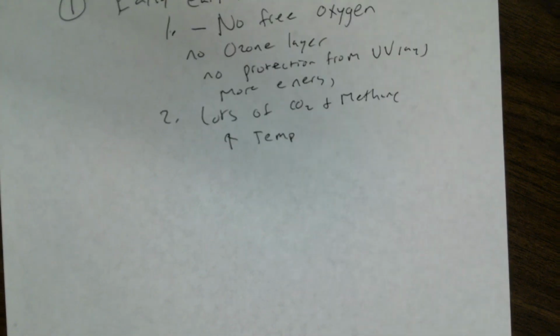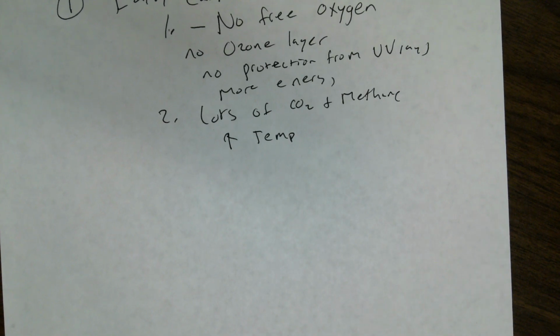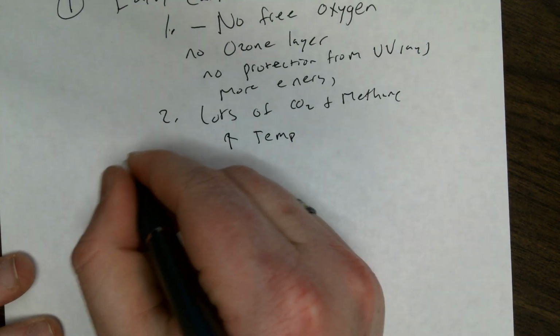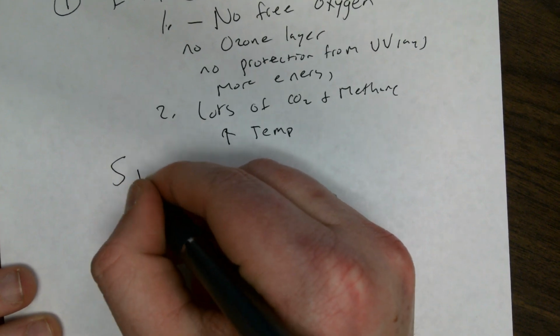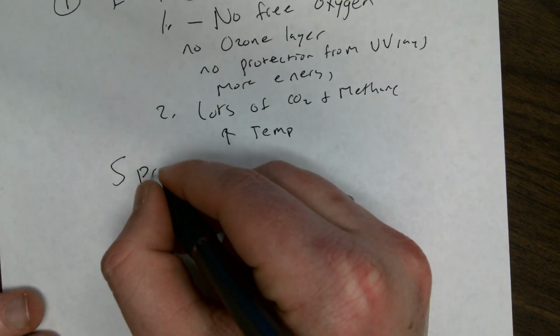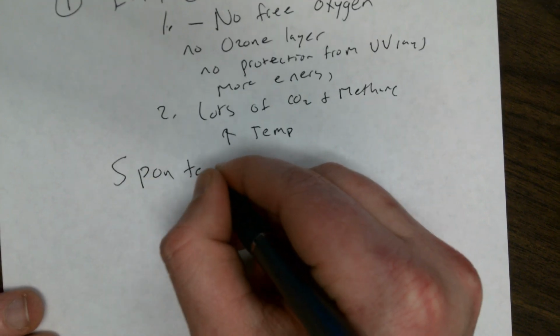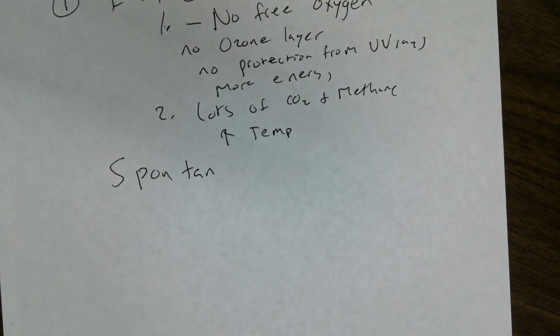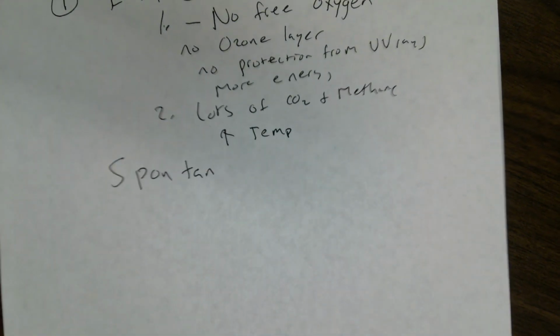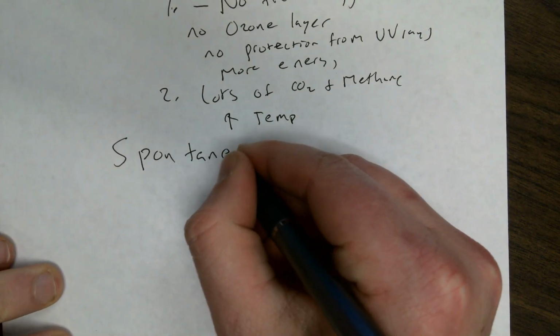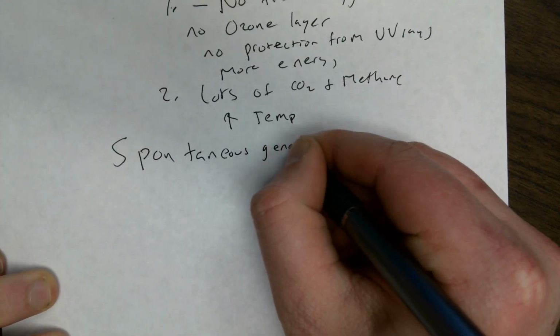And so a lot of chemical reactions can happen if there's enough energy. And so what this would have led to is the possible formation of carbon compounds spontaneously. This led to spontaneous generation of carbon compounds.